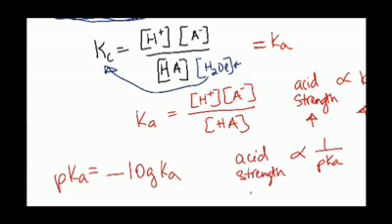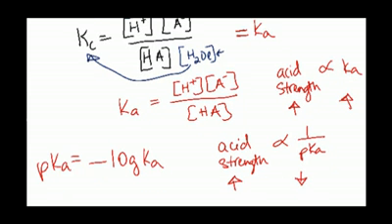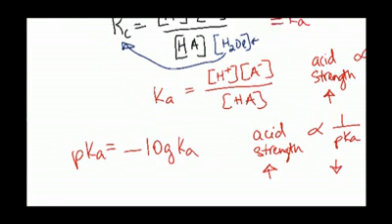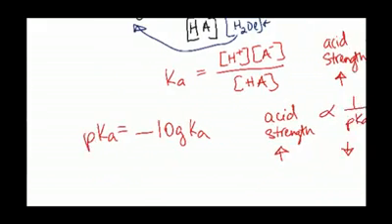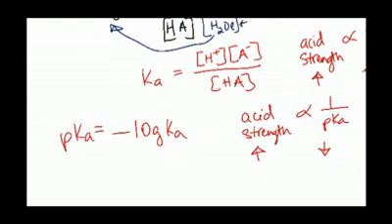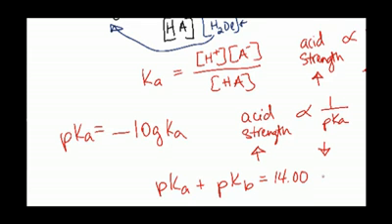That means as one goes up, the other one will go down, and vice versa. Okay? So you should also know that pKa plus pKb should add up to 14 at 25 degrees Celsius.